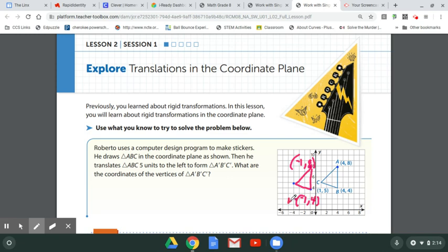Which was B prime. And this was A prime. And this one here is -4, 5.